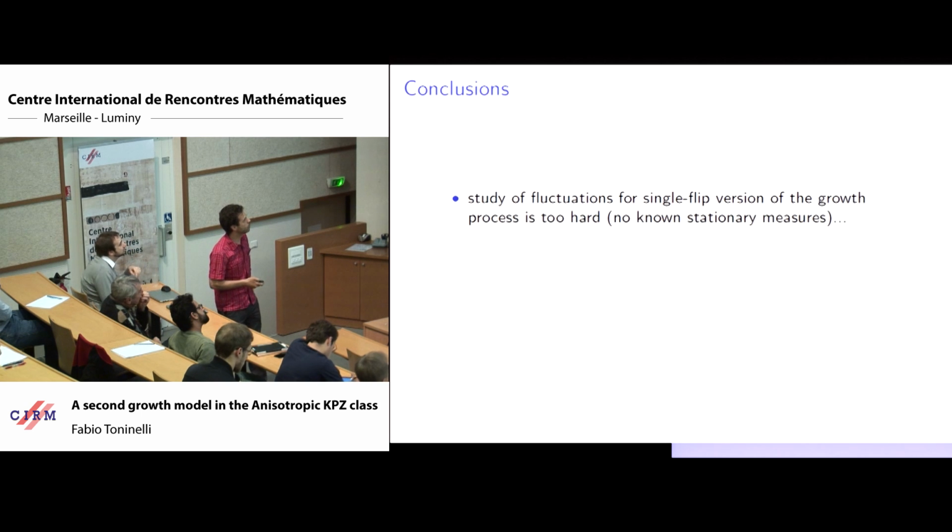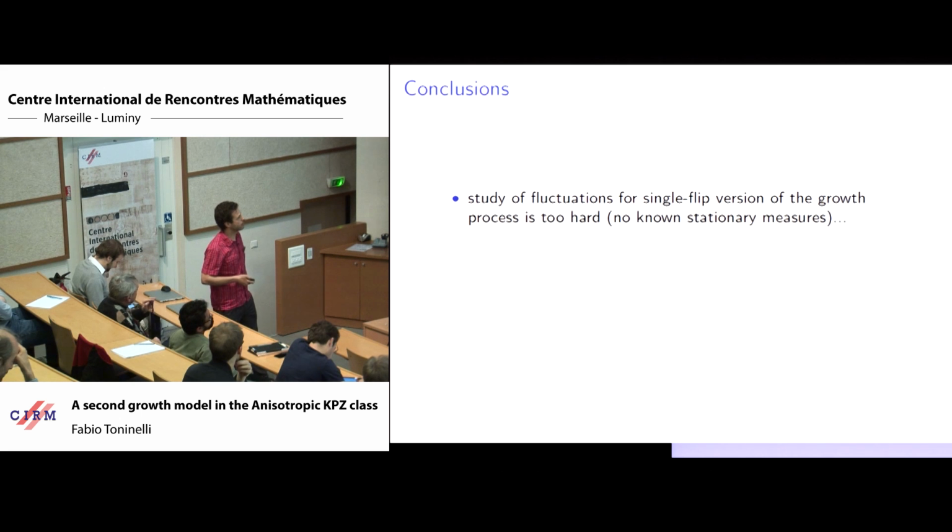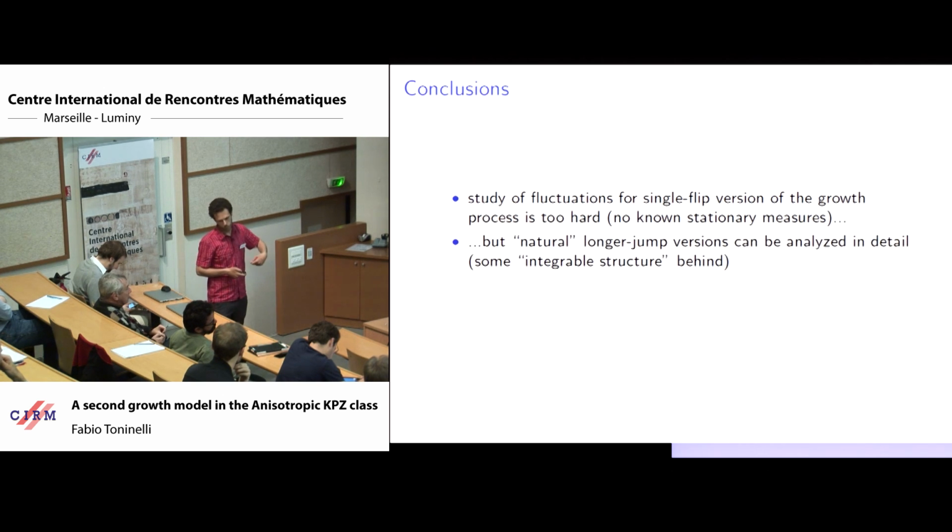Just to conclude, we started with a single flip version of the dynamics, which looks very natural. Unfortunately, apart from the hydrodynamic limit and maybe very soft results, it's very hard to say anything at the moment. So we look at the longer jump version, which looks natural at least, and that can be analyzed in detail.